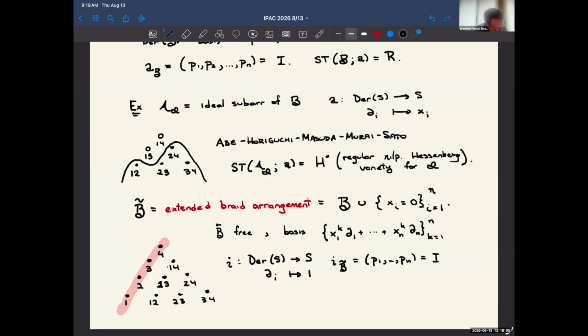And therefore, the Solomon-Terao algebra of the extended braid arrangement with respect to I is we've rediscovered the classical coinvariant ring. So maybe I'll pause here. Any questions about the definition of a Solomon-Terao algebra?